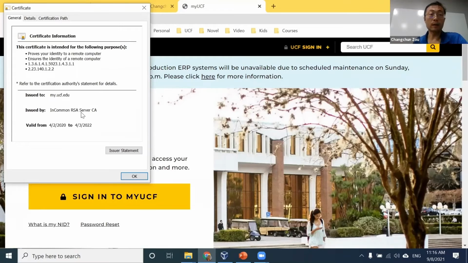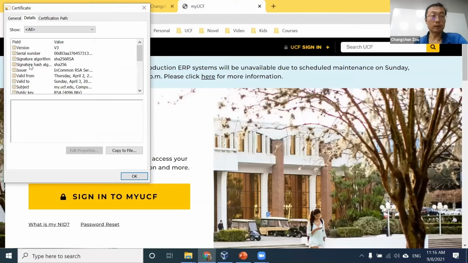This is the CA which provides the certificate to my UCF website. It also shows the validity period for this certificate. After this time, UCF needs to pay an additional fee to renew its certificate. And you can see the details of this certificate.